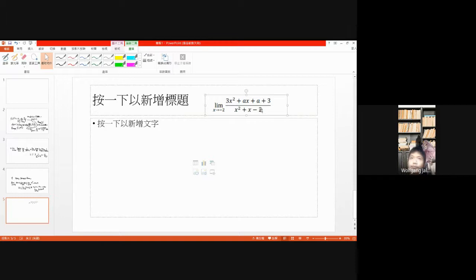Okay. Well, we know that the divisor equal to 0, but we don't want the answer to be infinite.